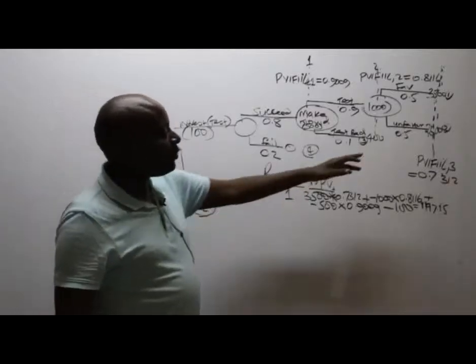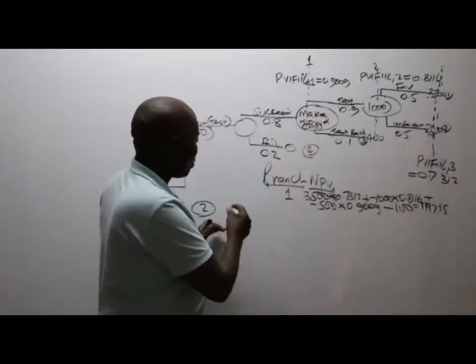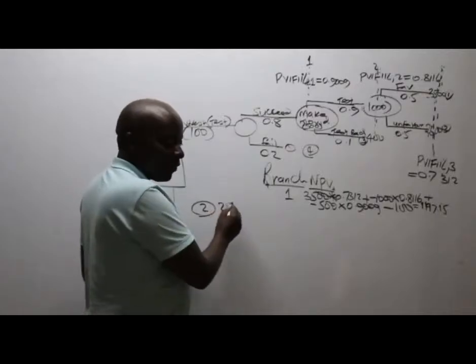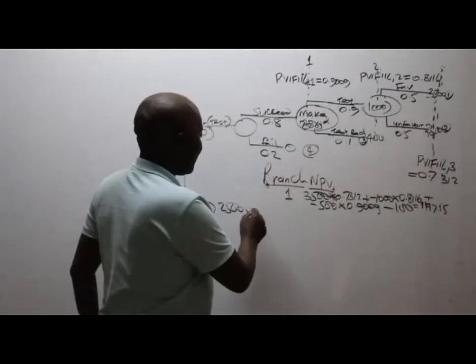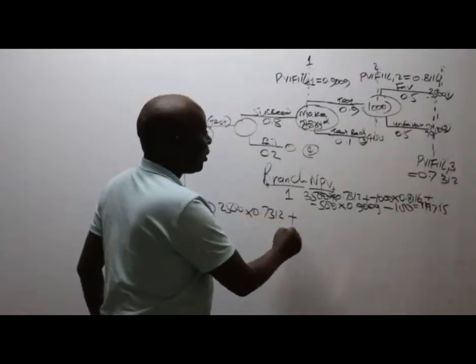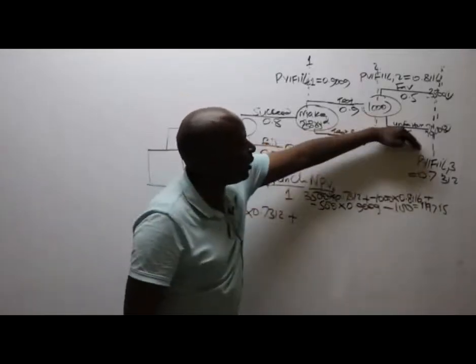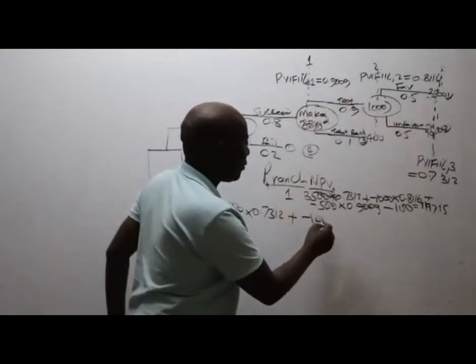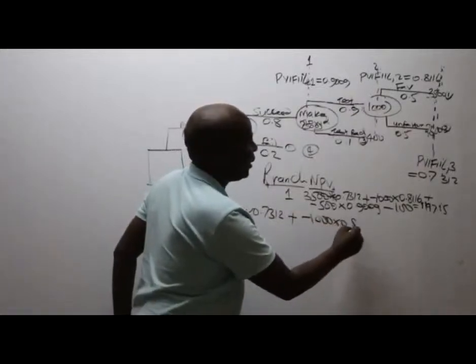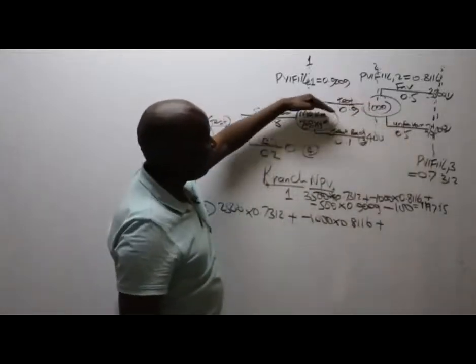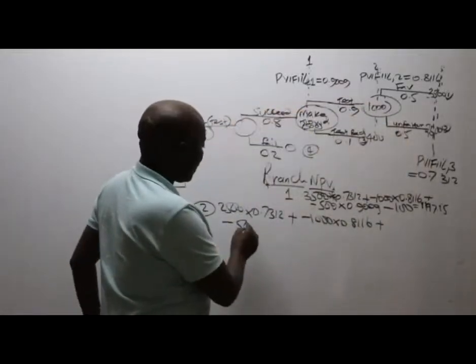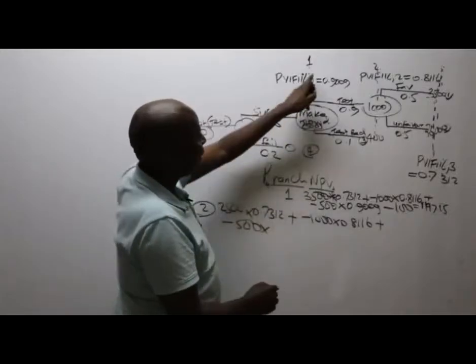So we have here minus 2,500. So not minus, plus 2,500 times the discounting factor 0.7312. Plus, I'm moving here, I can see on my road, there is this minus 1,000 times 0.8116 plus, continue with my journey, picking only cash flows alone, minus 500 times the discounting factor.